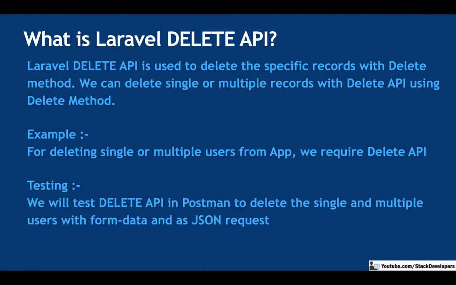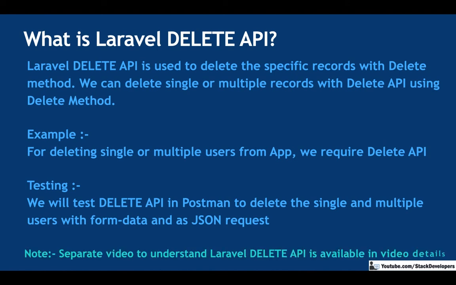We are going to test this Delete API in Postman as well, to delete single or multiple users with form data and as a JSON request. The video for this Laravel Delete API is also available in the video details. If we want to delete the app users, that request will be sent via API to the database, as the database can't communicate with the app directly.